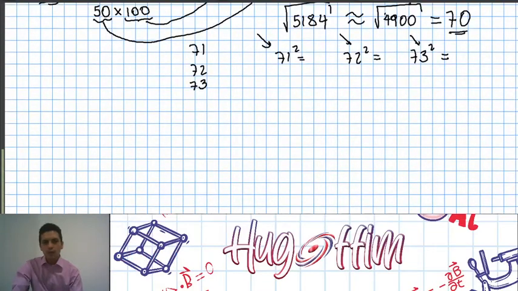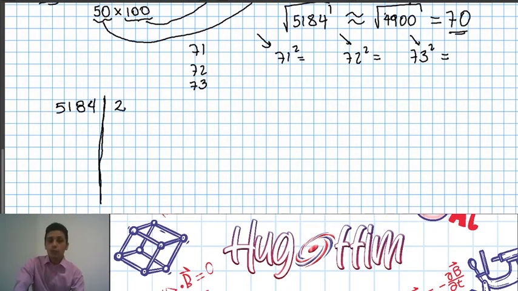So I'm going to take my number and I'm going to do prime factorization. So I'm going to take it divided by 2, that will be 2, 5 will be 9 and 2, yes?